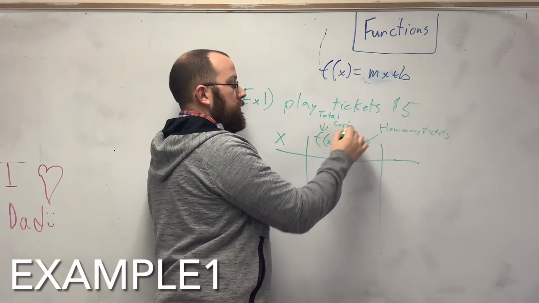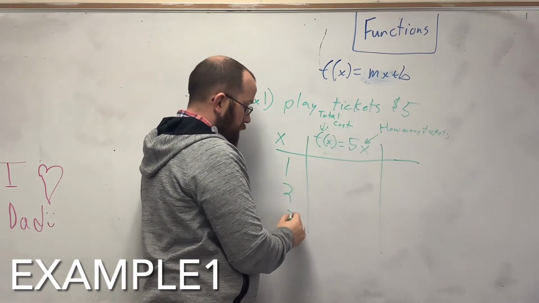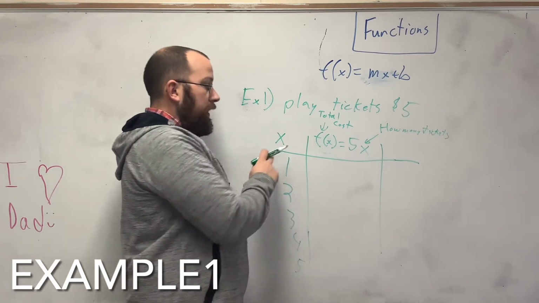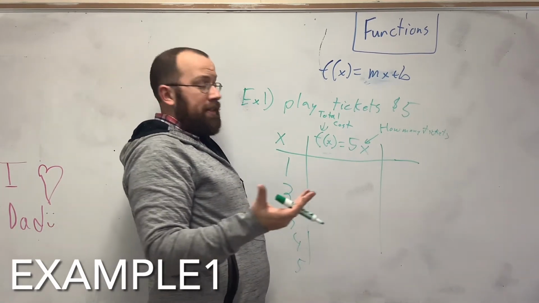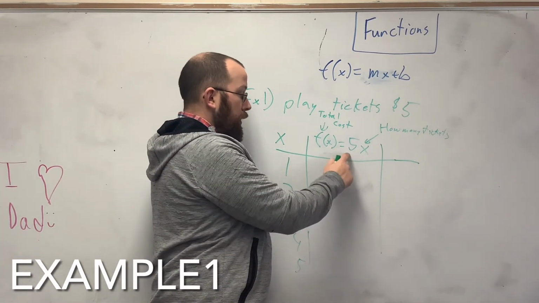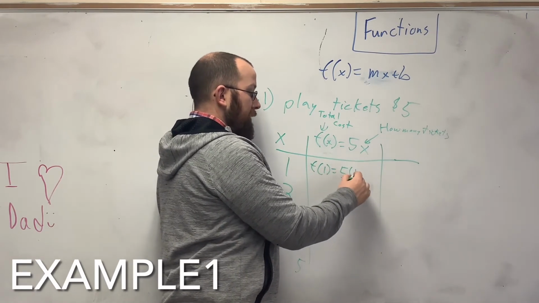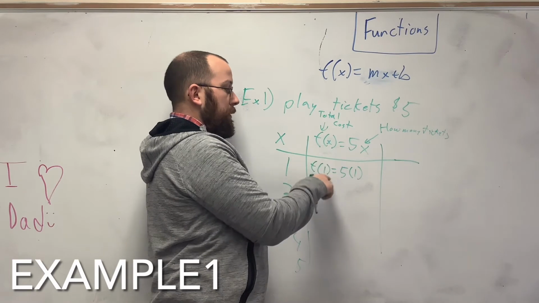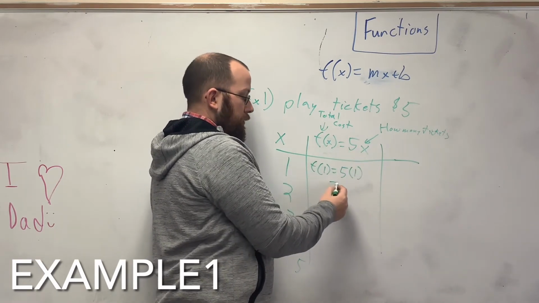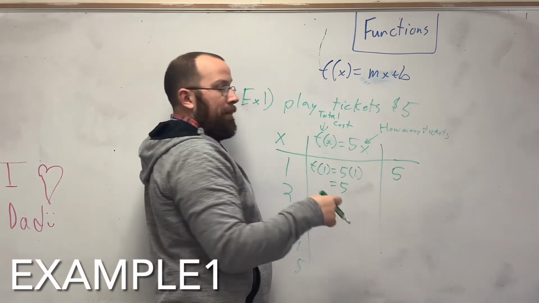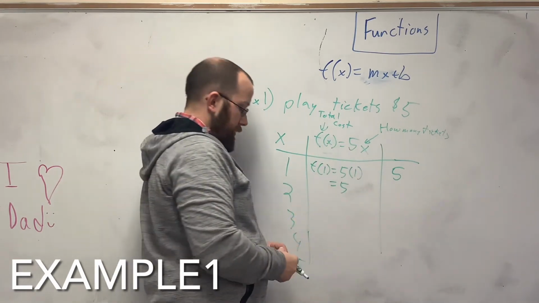All right. So I'll do 1, 2, 3, 4, and 5. So if I only have one person going, I need to buy one ticket. I input 1 into this. So f of 1 equals 5 times 1. So all I do is just put my 1 there. So this equals 5. So if I buy one ticket, I'm always going to owe $5.